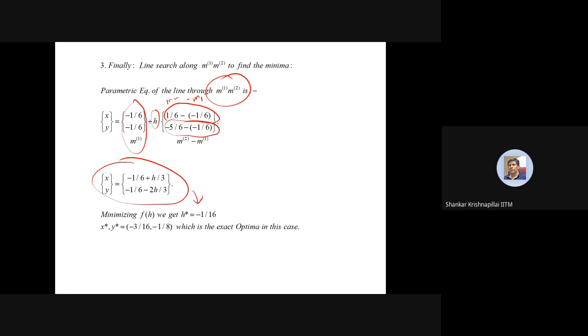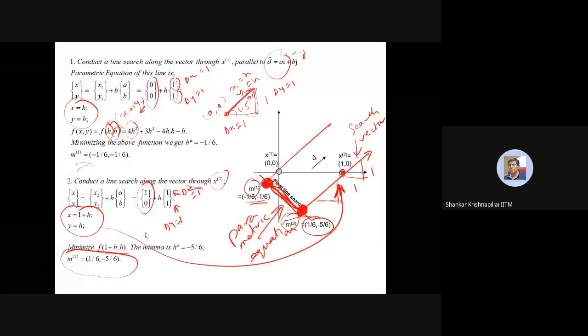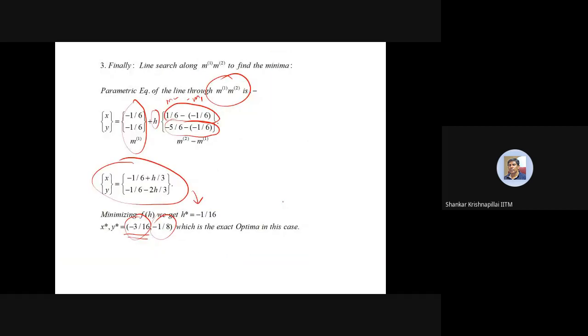Substitute in the objective function and we get the exact minima lying between m1 and m2. That is minus 3 by 16, minus 1 by 8. So it is lying somewhere here. So this is Powell's method. You have to do the 3 line searches.